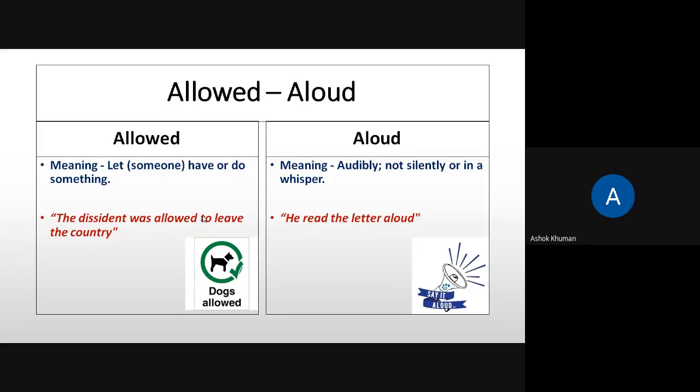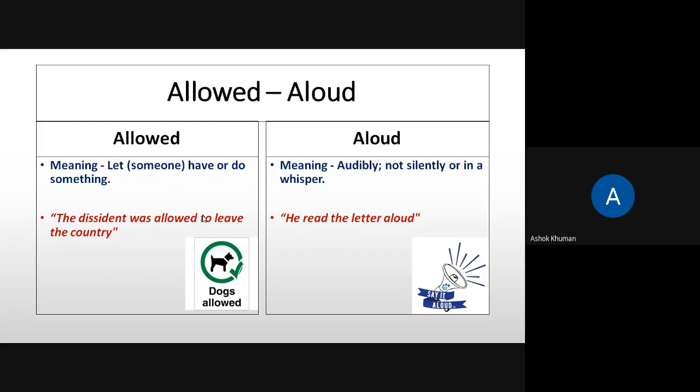And aloud means audibility, not silently or in a whisper, but opposite to silent and whisper, speaking aloud. So he read the letter aloud. You can see the symbol of a mic, say it aloud. And dogs allowed or not.